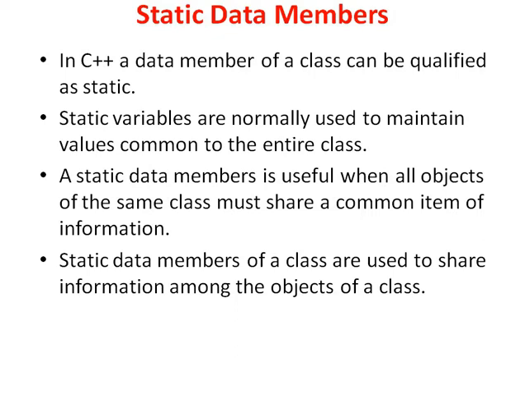So, in some cases, when we need a common data member that should be the same for all objects, we cannot do this using normal data members. To fulfill such cases, we need static data members.